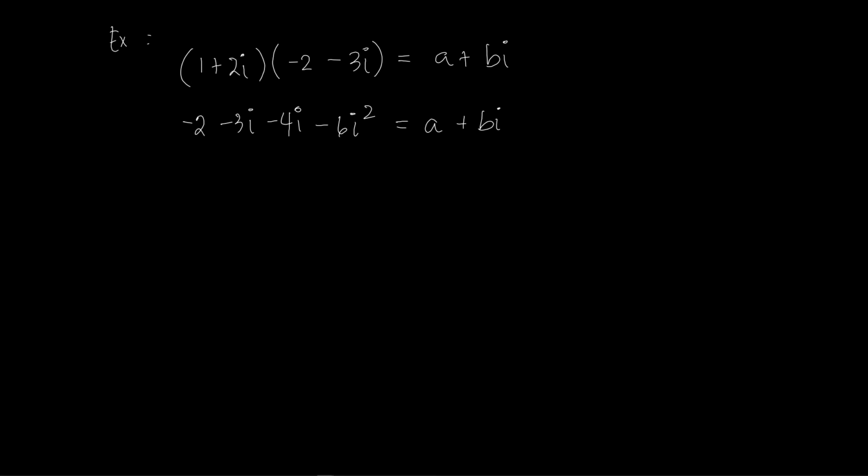Collecting similar terms, ito magiging positive 6 added to negative 2, that is positive 4. Then ito naman is negative 7i is equal to a plus bi. So we can conclude a is equal to 4. Okay, for b naman, we have negative 7.